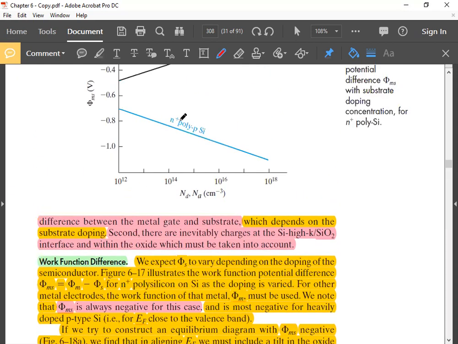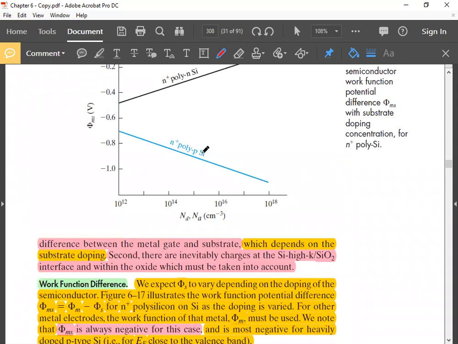So if we have an n plus polysilicon on p-type substrate, that type of gate structure, that means n plus poly, then oxide, then p-type silicon, then with the variation of acceptor concentration in the p-type silicon, we get the work function difference phi ms, that means phi m minus phi s.